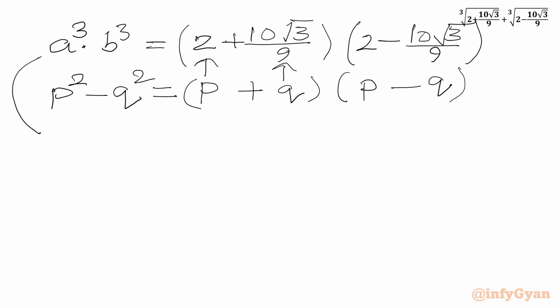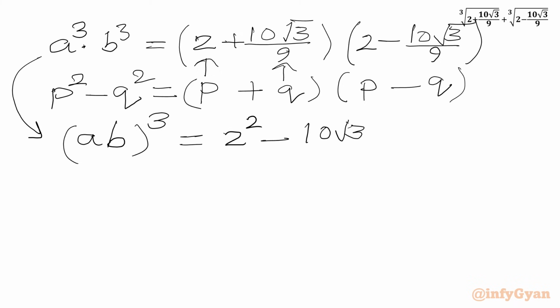So we can write A cube times B cube. We can use the exponent law and write AB whole cube. This will be using the difference of two squares identity. We can write 2 square minus 10 square root 3 over 9 whole square.